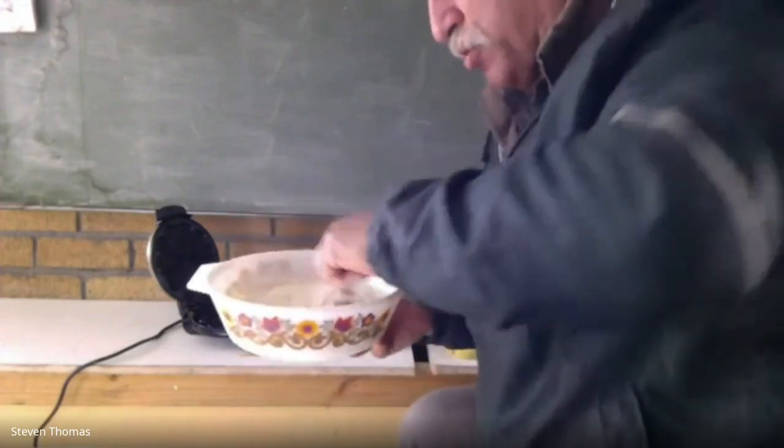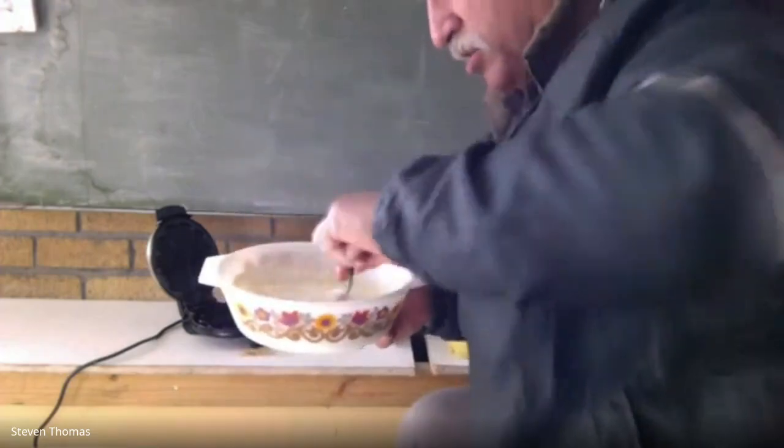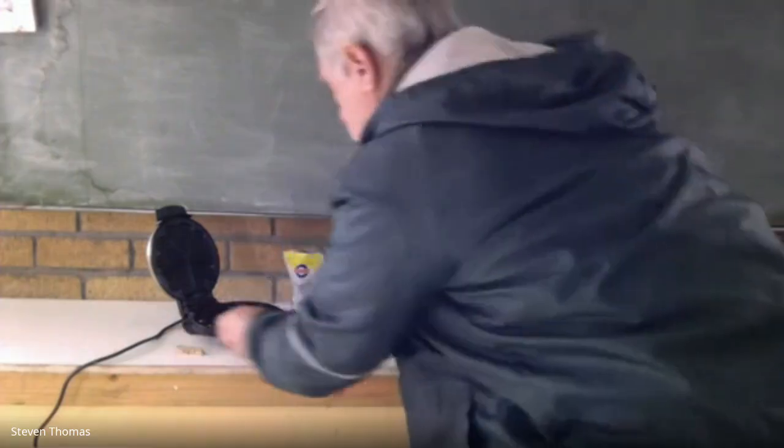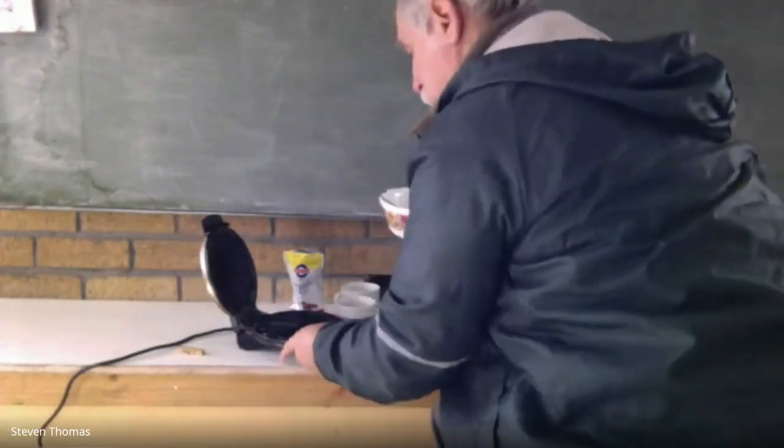So it's 1.5 cups of flour and 3 teaspoons of baking powder. Now it looks good. It looked a bit too runny before. Okay, now we're ready to pour it on.